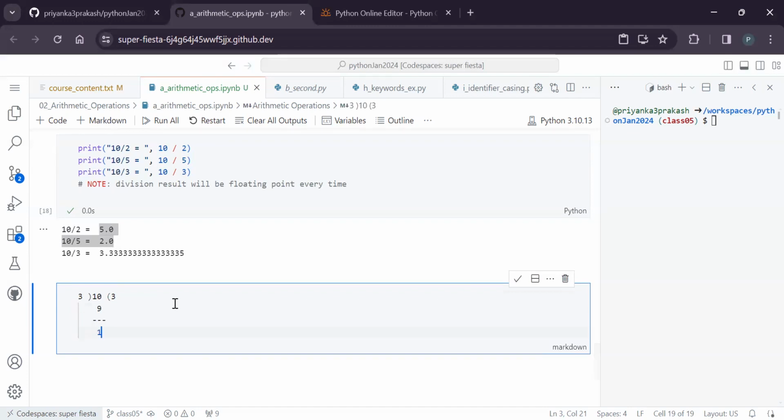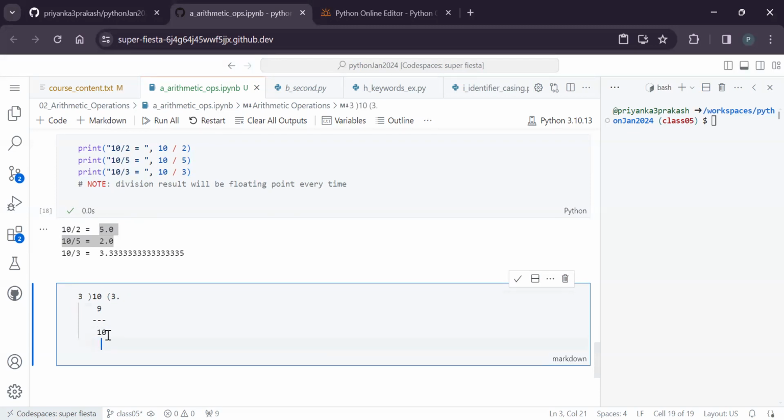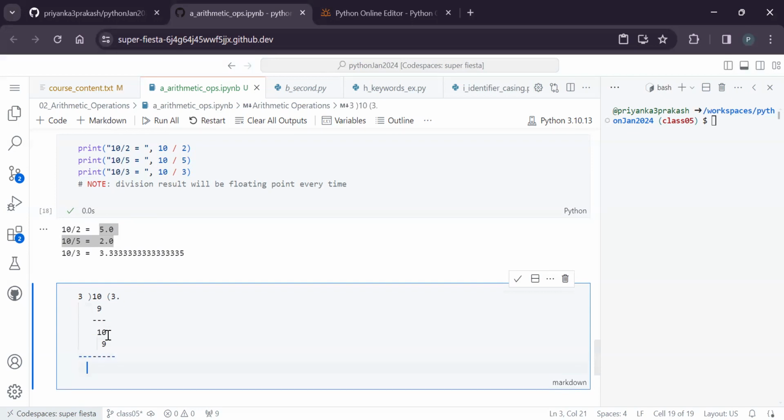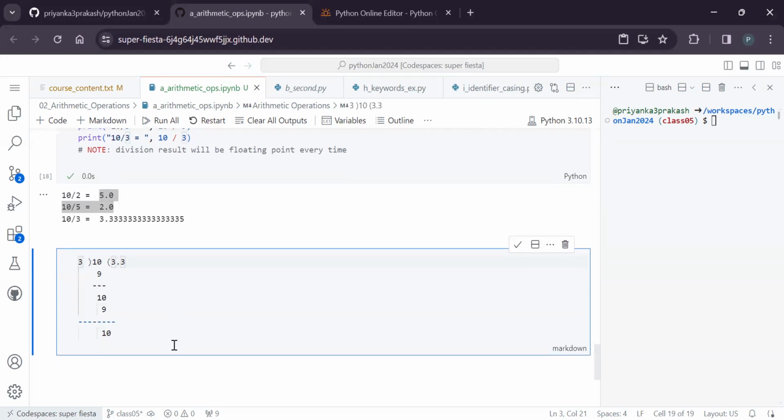We get the remainder as 1. And we borrow a 0. And we do a 9 again, and we do it again. So we get the remainder as 1 and we again borrow 0. So again we take a 3. So it is a continuous fashion, right? Like that we go on doing. So this is what we do.